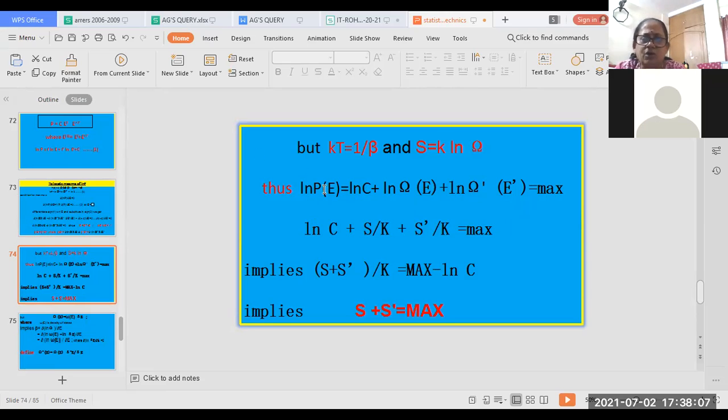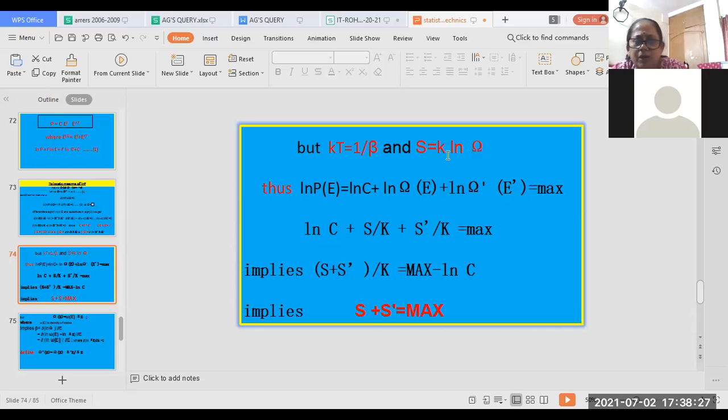Earlier I wrote that. Okay. So now ln P of E I have to make maximum. If you make ln P of E maximum, what you will get here? ln C, ln of omega, ln of omega dash. No need to write E if you want to make it short form.